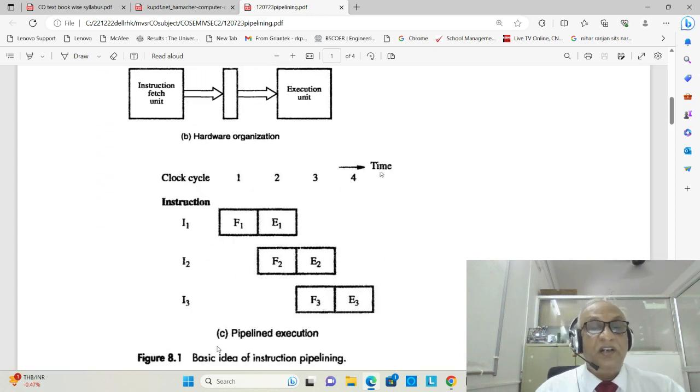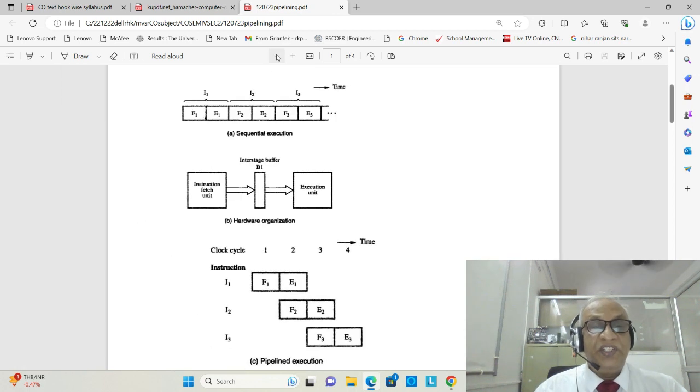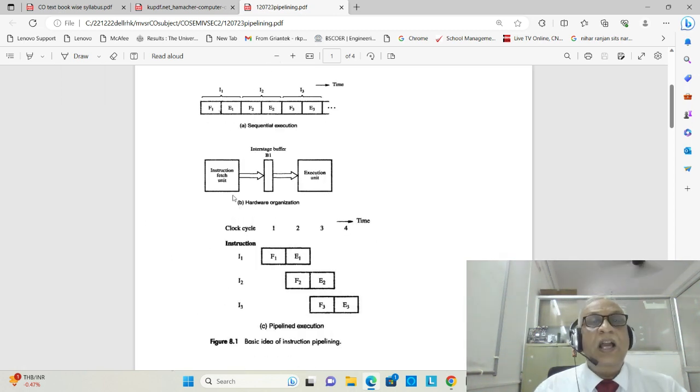You can see here this figure 8.1 has 8.1a, 8.1b, 8.1c, and this will give us the basic idea of instruction pipeline. So let us look at the first diagram 8.1a, which is an example of sequential execution. Sequential execution means what? It is not pipelined execution.